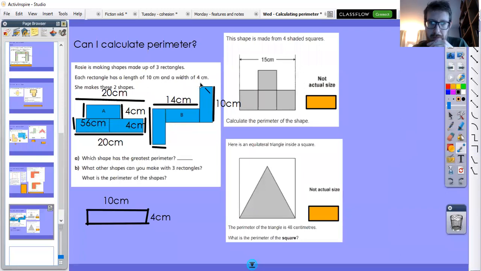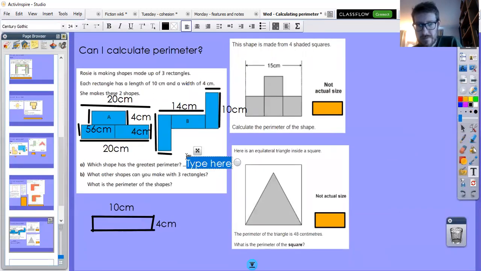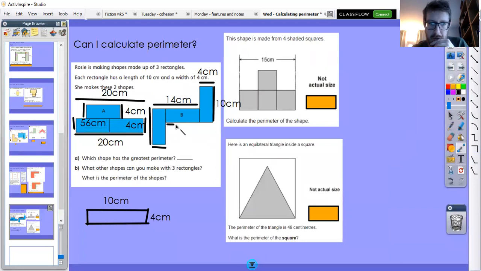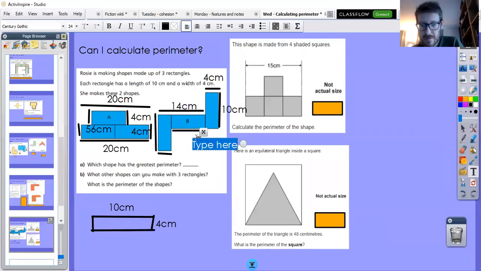We know from here to here will be another 4 centimeters. And we know from there and all the way across actually will be another 14 centimeters.